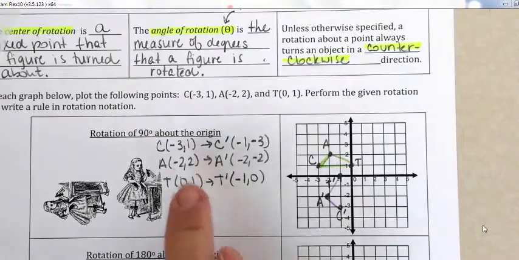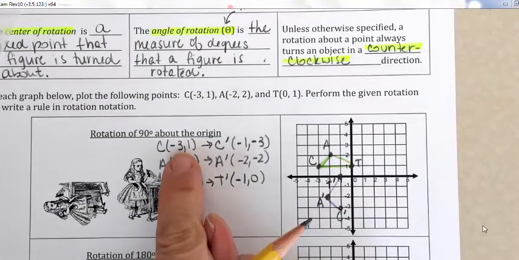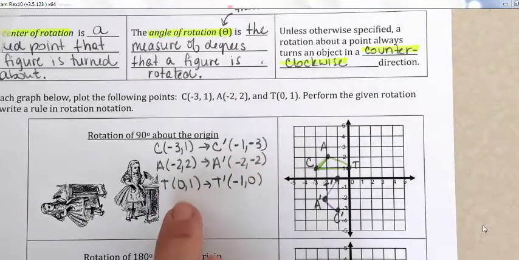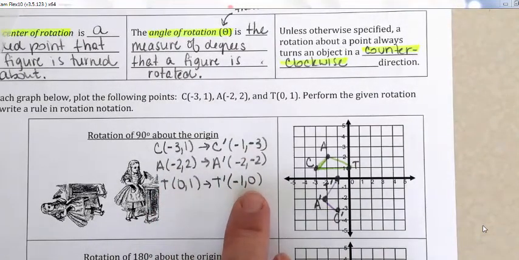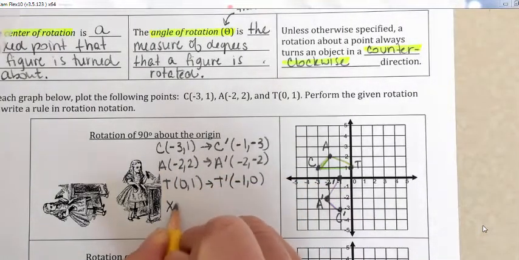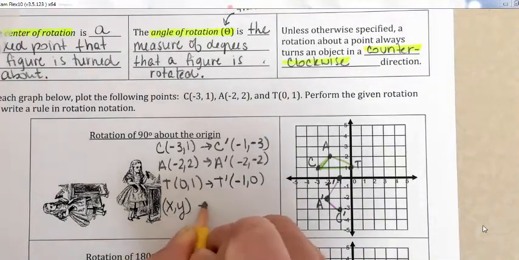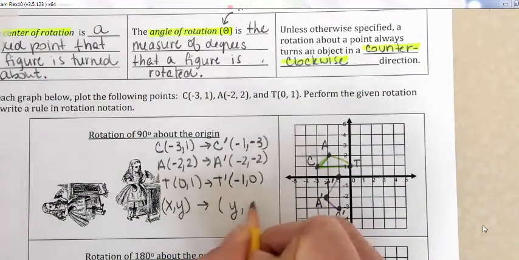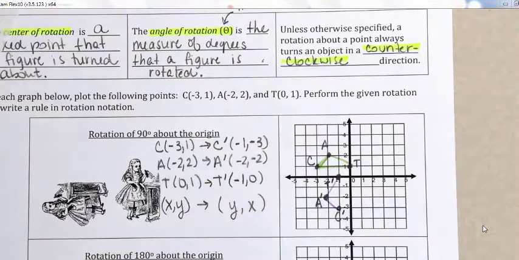First of all, you should be recognizing that the x's and the y's tended to switch, right? So for any point that we originally had, the new point now had the y first and then the x. And what else happened?